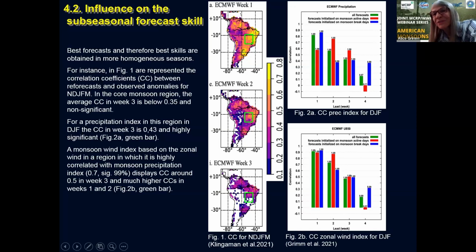But this is when you look at an extended season, from November till March. When you look just at December, January, and February, you don't have this very strong drop in the skill.